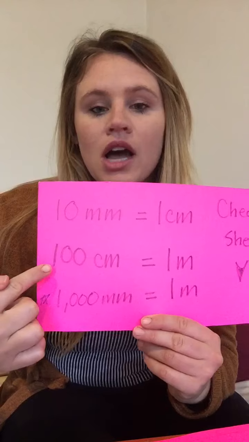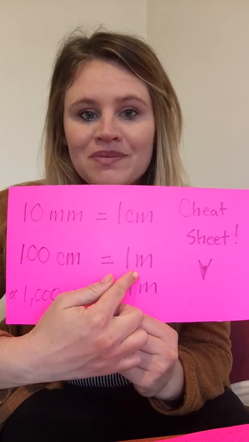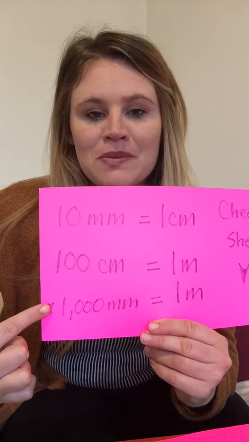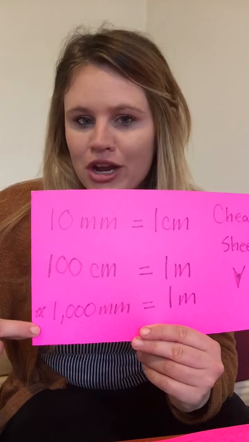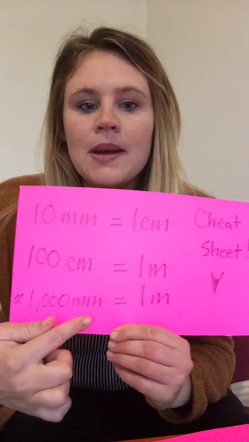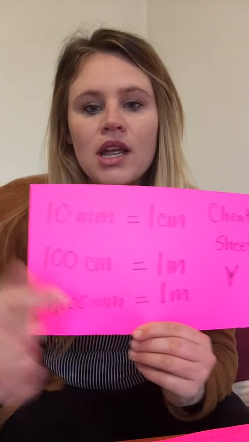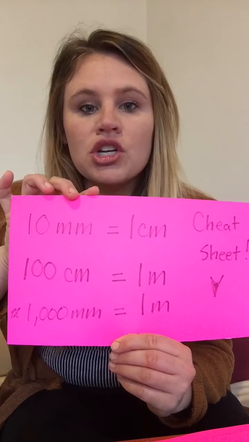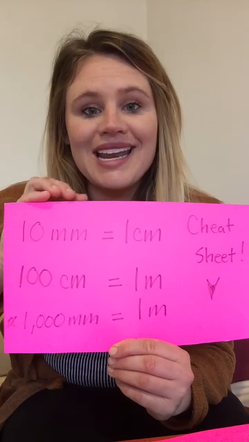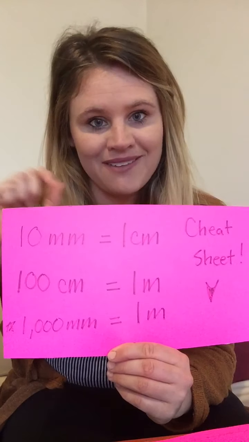Then you have 100 centimeters is equal to 1 meter. And then I'm going to star this one because you're only going to see one of these for a challenge problem at the very end today, which is 1,000 millimeters is equal to 1 meter. This is the cheat sheet. You can use this or go back to this any time you want today. It's really important, so I definitely suggest you jot this down before we go to the next part.